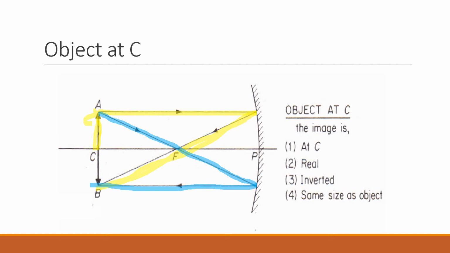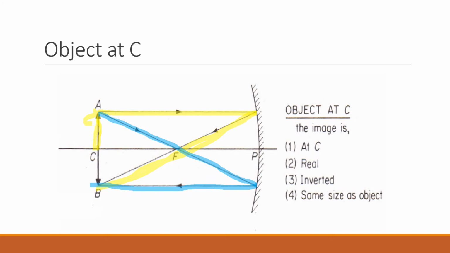Those of you who are having confusion about how the rays are moving after reflection, if you have any confusion from this topic, then I will suggest you to go back to my previous topic where I have discussed in detail the rules of how the image will be formed and what will happen to the rays after reflection.